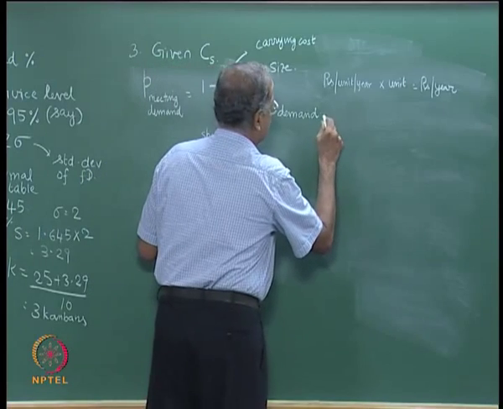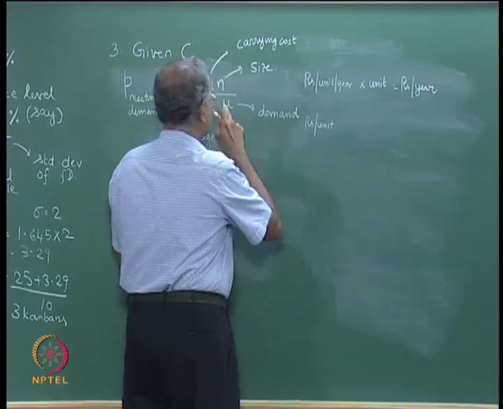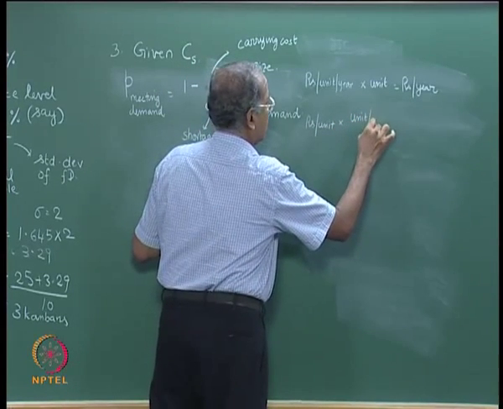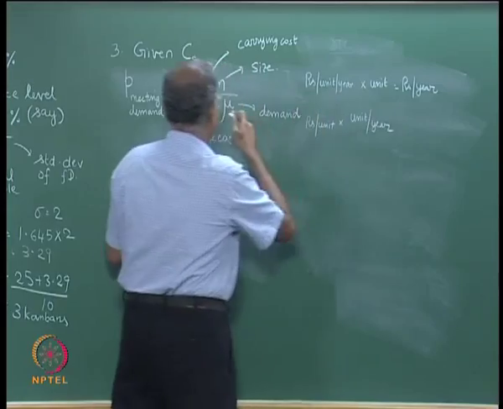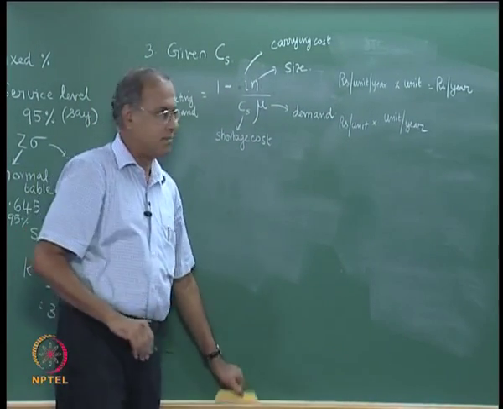Cs is rupees per unit short, so mu should be units per time period. So mu is actually the demand for the item.